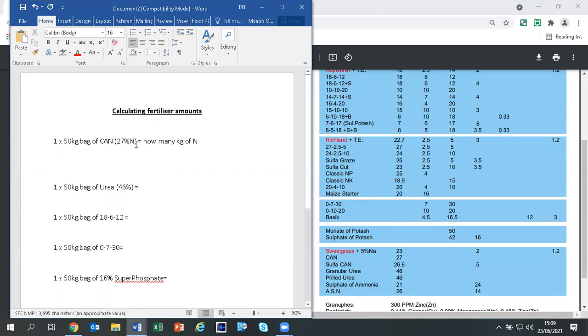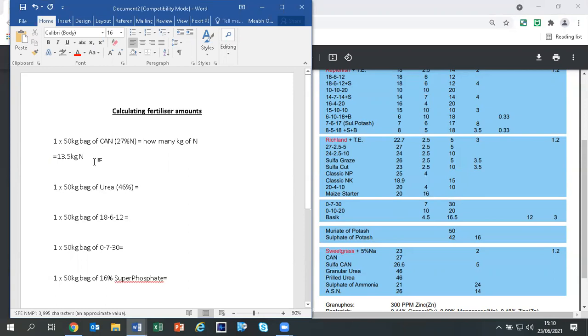If it is 27% nitrogen, 27% of a 50 kilo bag is 13.5 kilograms of nitrogen. So the handiest way to work that out, whatever is the percentage, that 27% nitrogen, if you just divide that by 2, it will tell you how many kilograms of nitrogen there is in the bag.